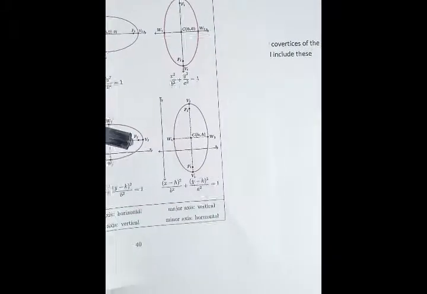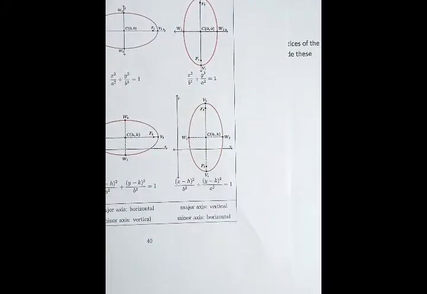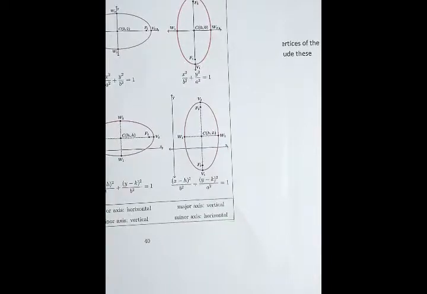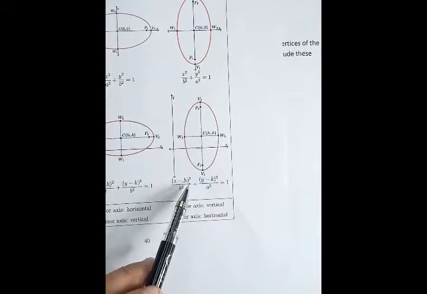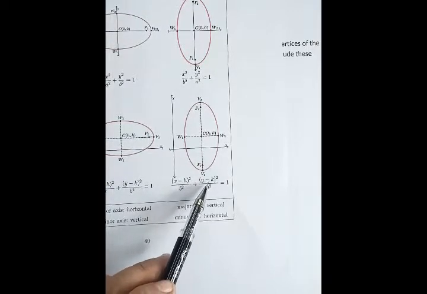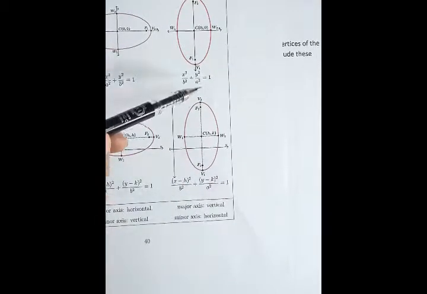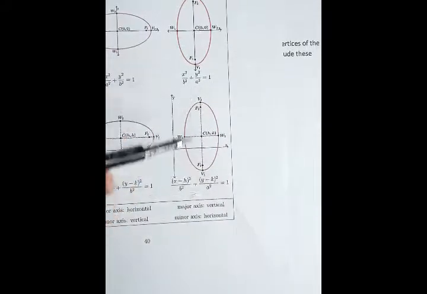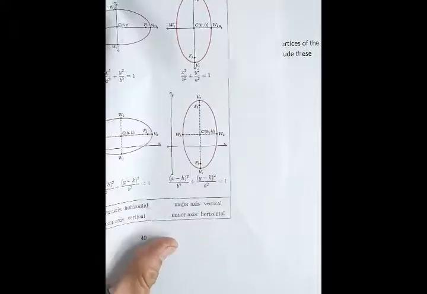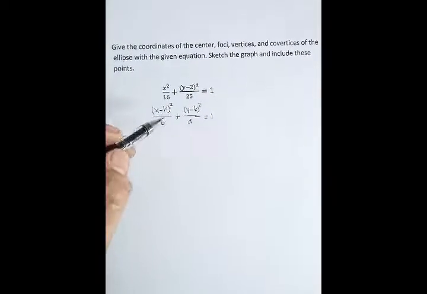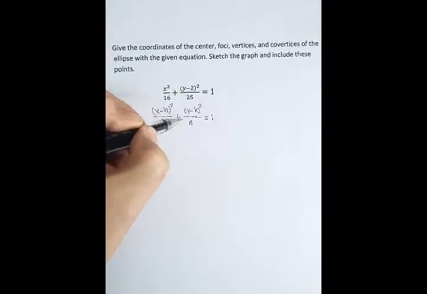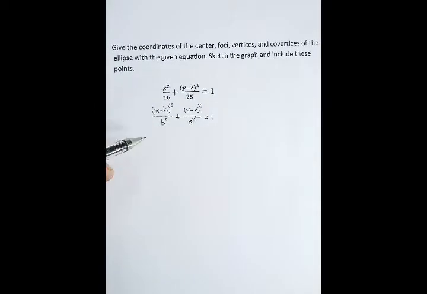Okay. So in our table of properties of the ellipse, it is the same: x minus h squared over b squared plus y minus k squared over a squared equals 1. So our ellipse now is vertical, or standing. Okay. So first, let us solve for the values of a, b, and c.